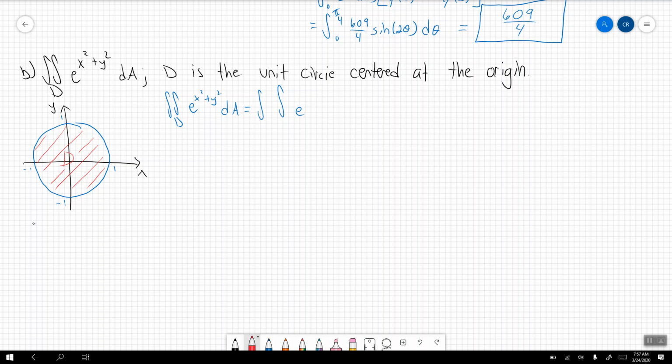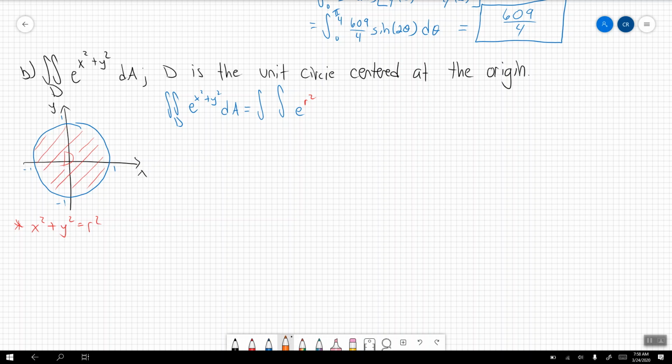There's one thing that you should know about x squared plus y squared. Under polar coordinates, it is always equal to, you guessed it, r squared. Which means my exponent here is supposed to be my r squared value. Now all I have to do is find out what radii am I sweeping through, right?